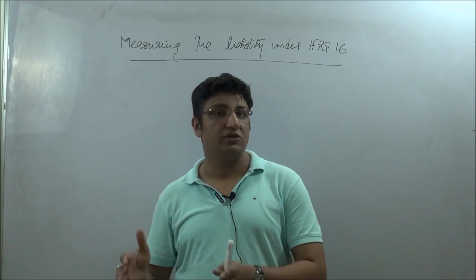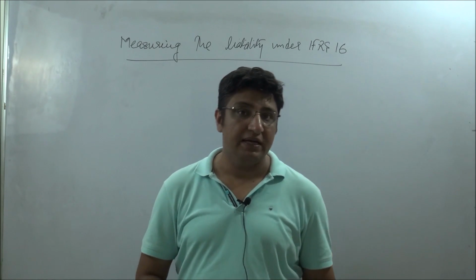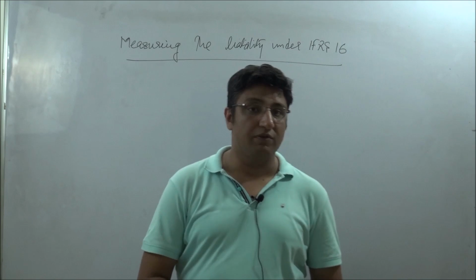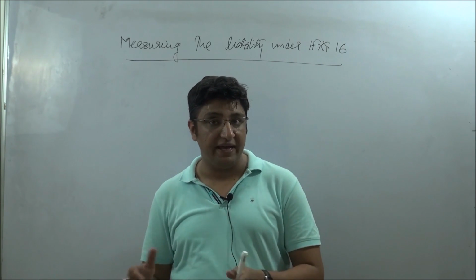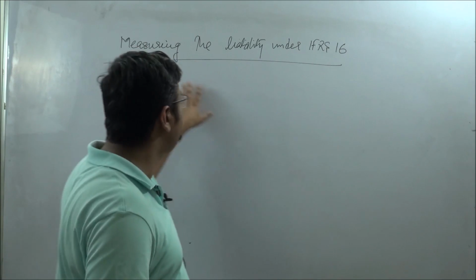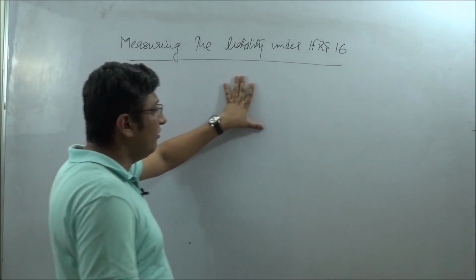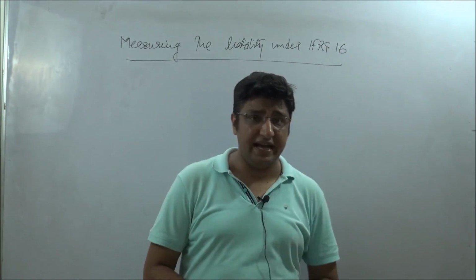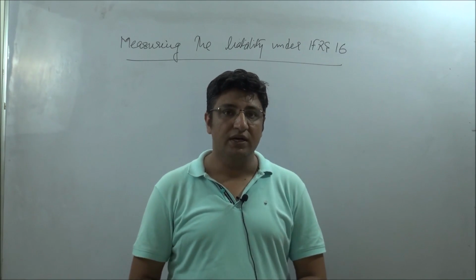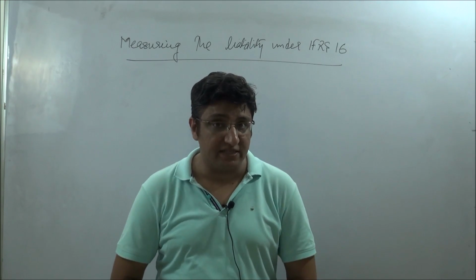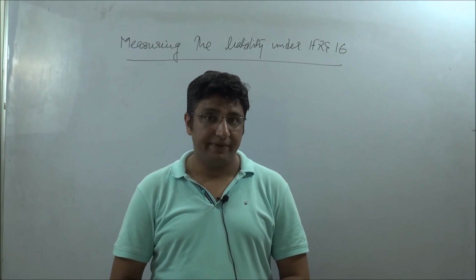So unless we have understood the meaning of a lease liability, it would not be possible for us to understand the value of the asset. That is one reason why we want to discuss today the measuring of liability under IFRS 16 as the first point of discussion, and after that we can certainly talk about how to measure the value of an asset if it is taken on lease, right?